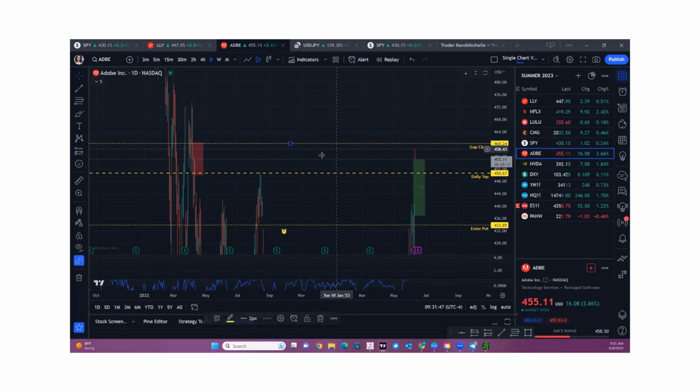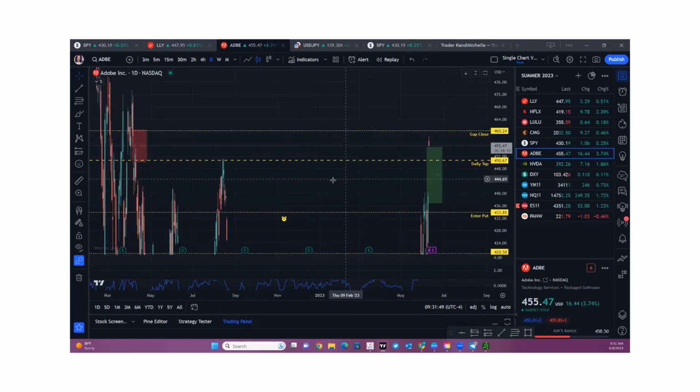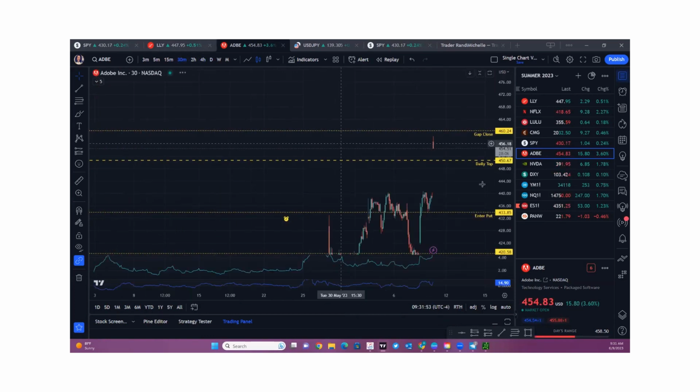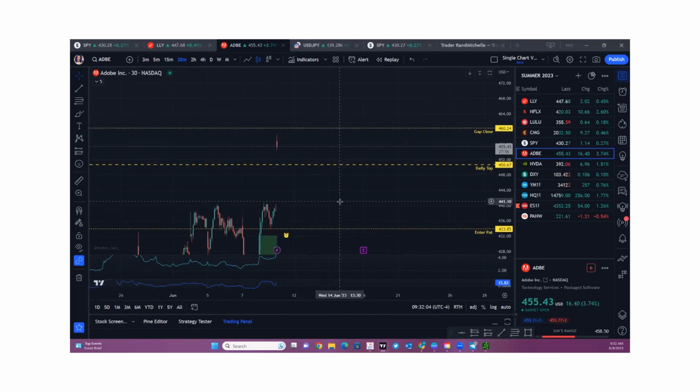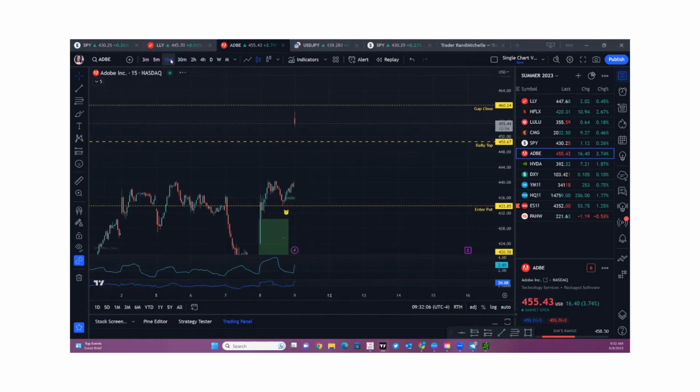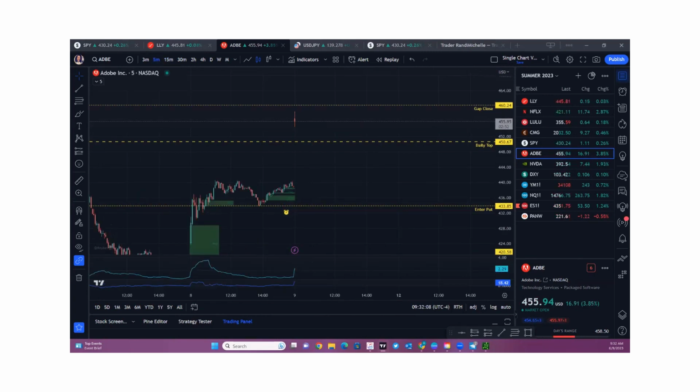Fair value gap on the daily. And then, literally have to just stare at the screen. Like, don't blink or you'll miss it.